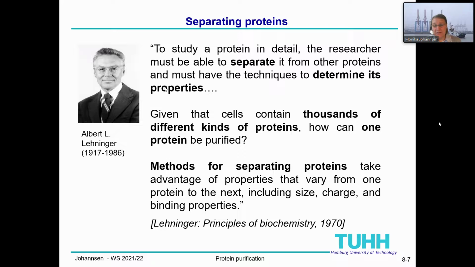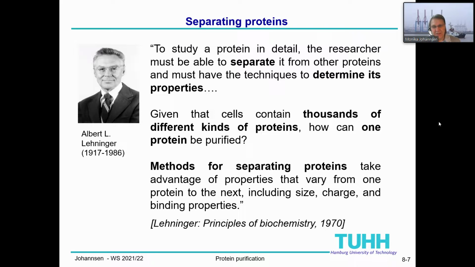He said, to study a protein in detail, the researcher must be able to separate it from other proteins and must have the techniques to determine its properties. That sounds easy, but the problem is terrible, because given that cells contain thousands of different kinds of proteins, how can one single protein be purified?